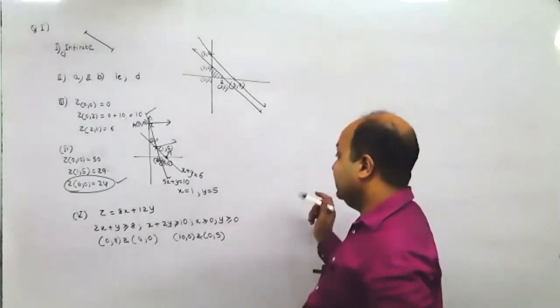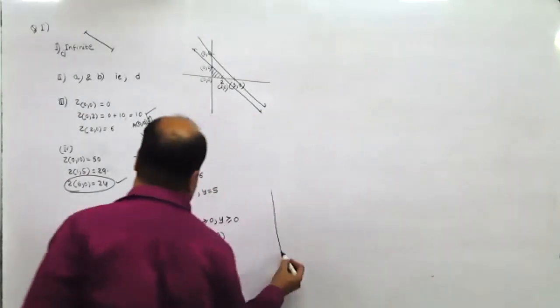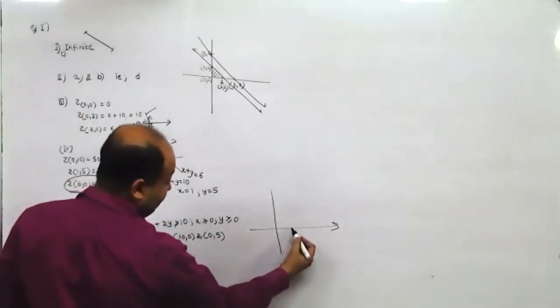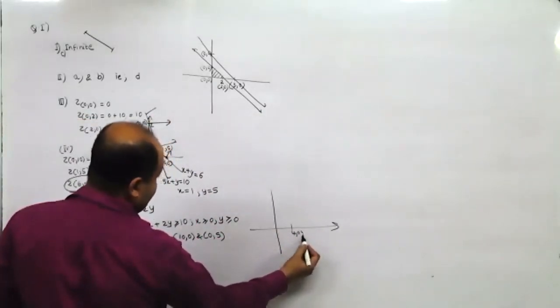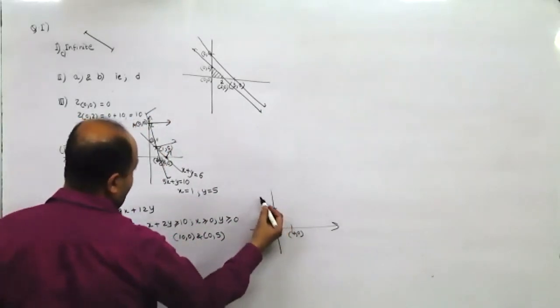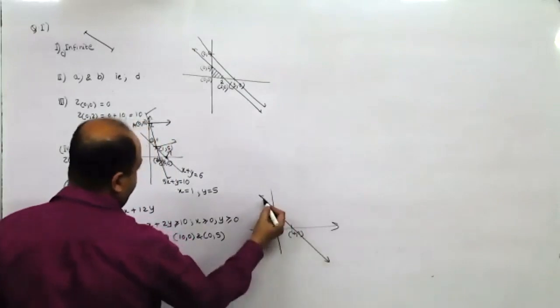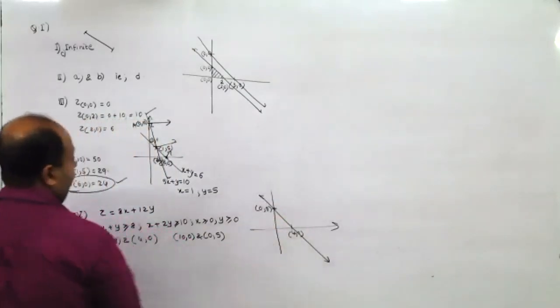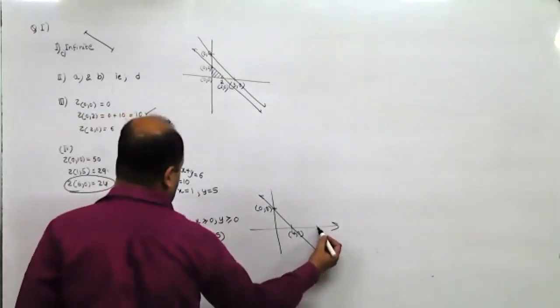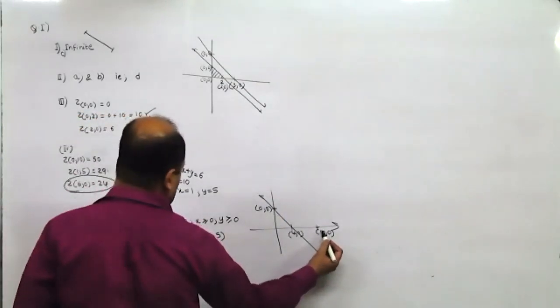Now these are the constraints. So here x upon 4, x is 4, y 0, and here 0 comma 8. Then 10 comma 0 and 0 comma 5.